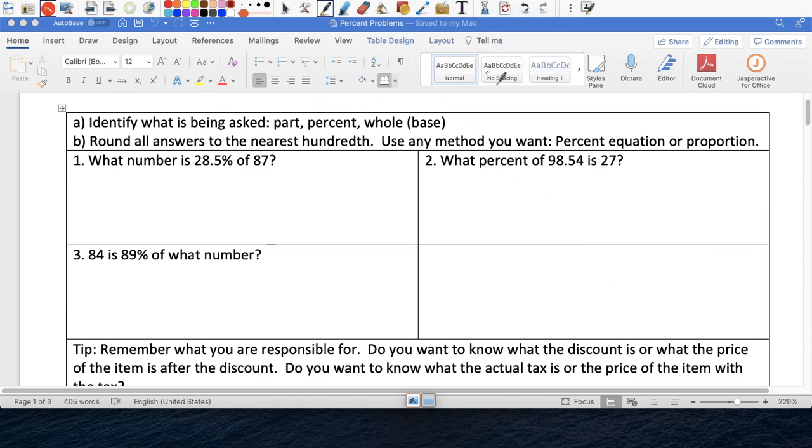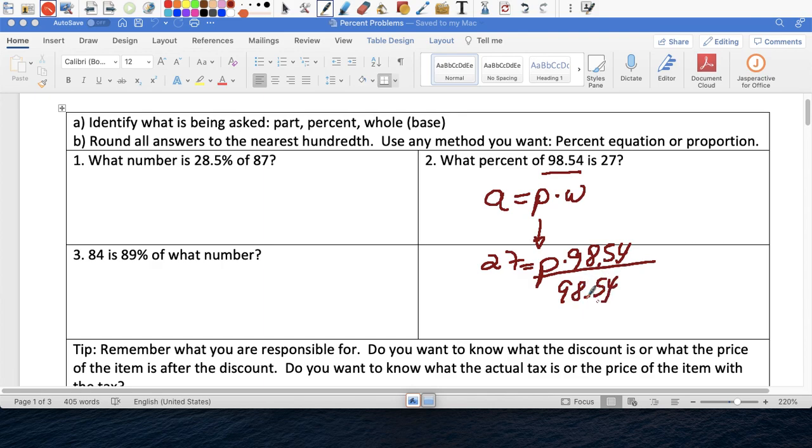Next one, and again, if you use the percent equation, percent is your unknown, right? What was the whole? The total was 98.54. The part that you took was 27. So what percent did you take? Well, divide by 98.54, both sides.